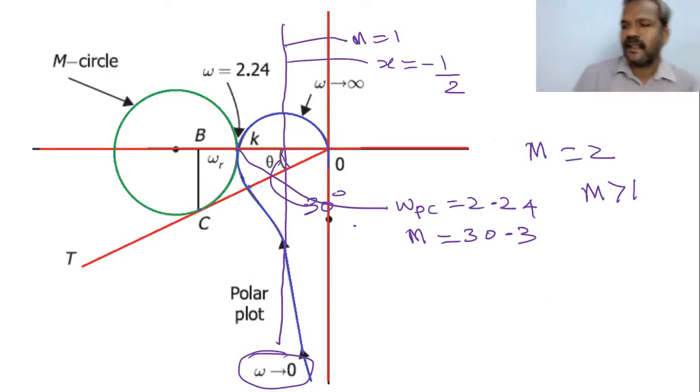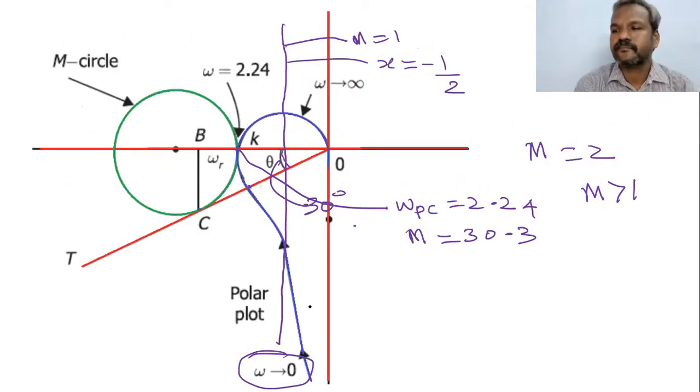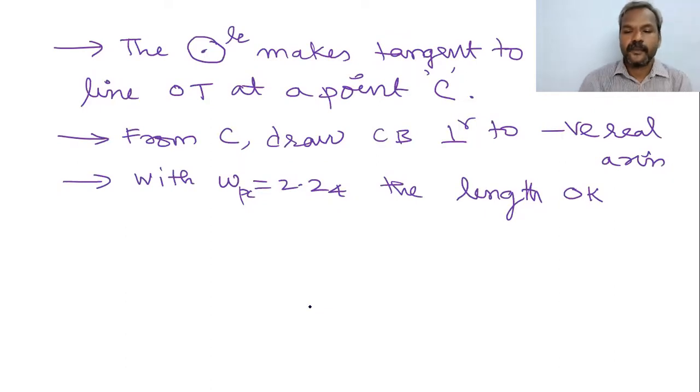Then the length OB is approximately calculated. With omega p, the length OK is found.